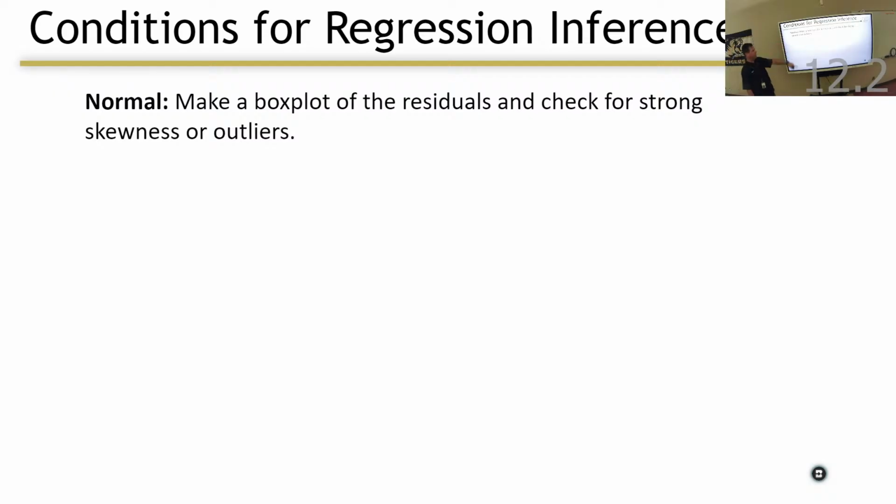A box plot of the residuals needs to be non-skewed, with no outliers. Again, I'm just saying this just in case. I have not seen it on an AP test in forever. It's not on my test. It's on your homework. The conditions: residuals need to be normal.